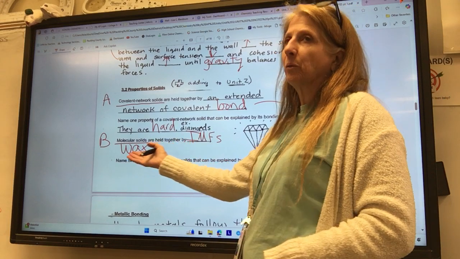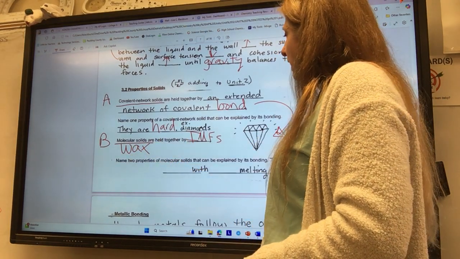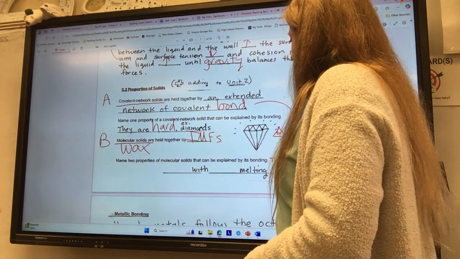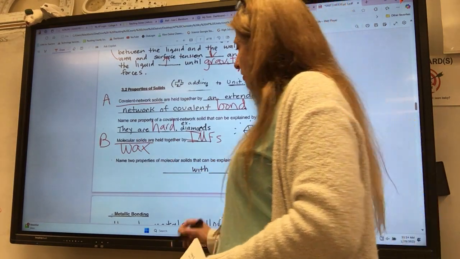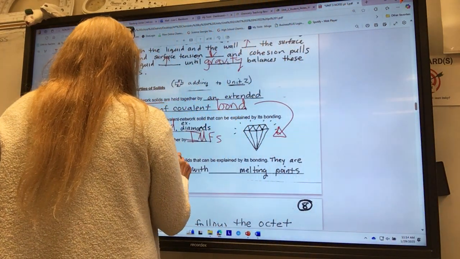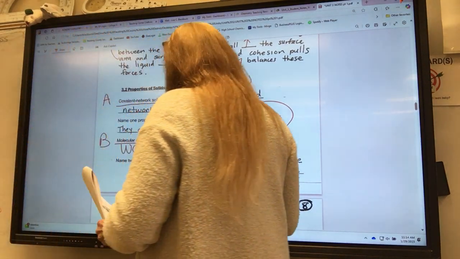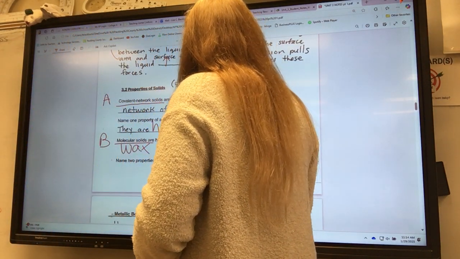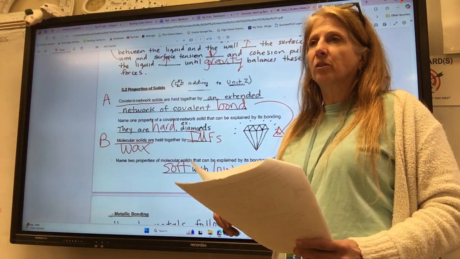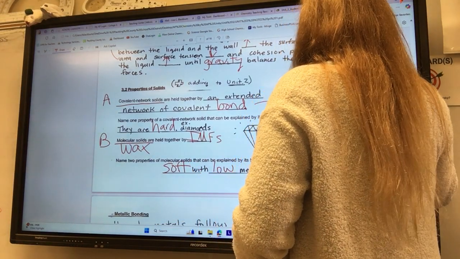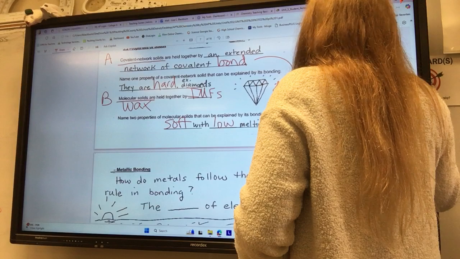And remember the wax? That's our molecular solid. It's only held together by IMF. So are they soft or hard? They're soft, like wax. And they have low melting points, where of course diamonds have high melting points, right? Very hard to melt a diamond. Okay, so that was B.